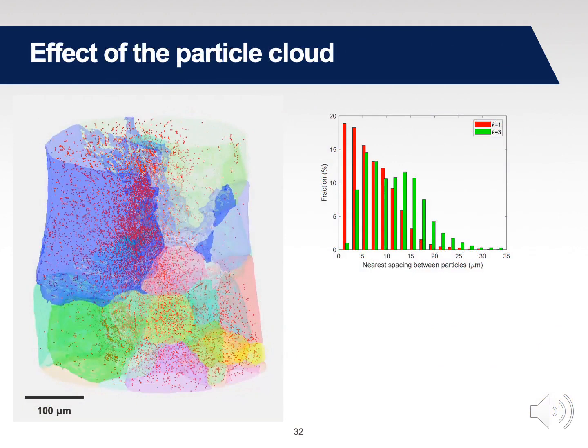And so we plotted here, I don't think this video is playing. Oh well, okay. The nearest neighbor spacing between particles on a histogram. And we see here a very broad distribution of nearest neighbor spacings between particles.